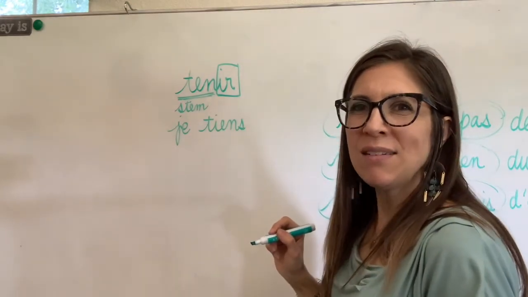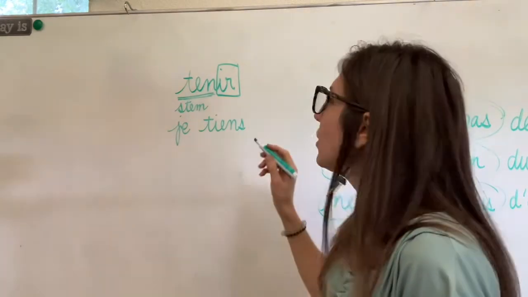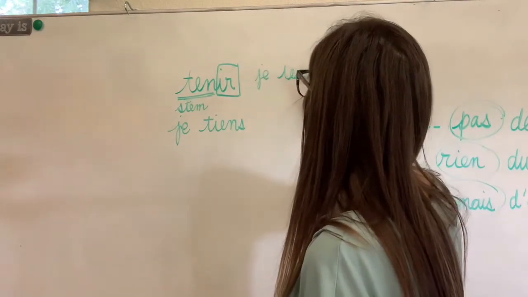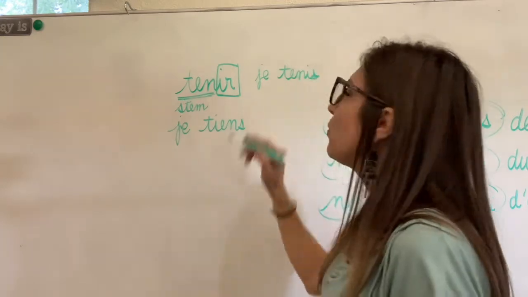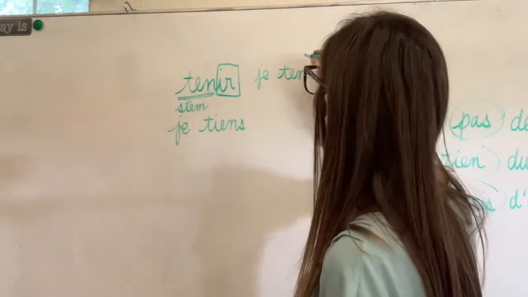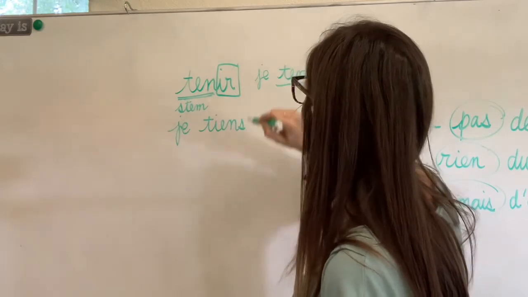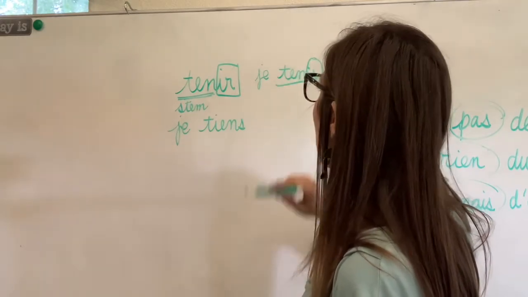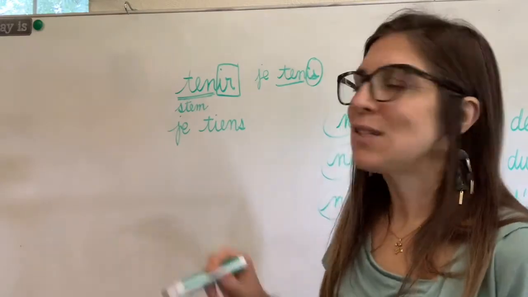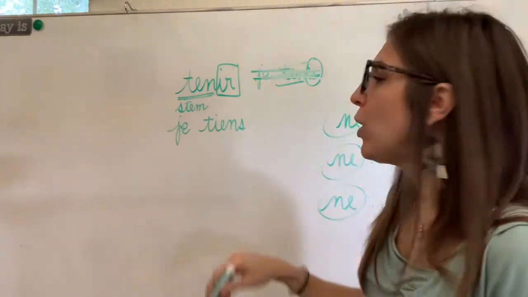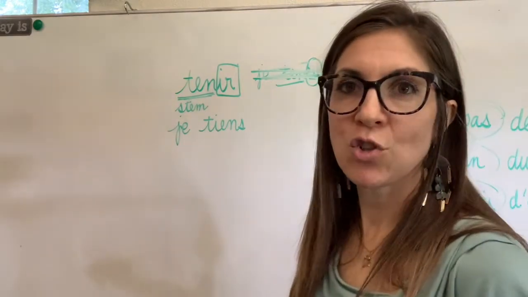Je tenis, that's not correct. You cannot write je tenis, although if it was a regular verb, that's what it would be, because we would take out the ending, and this is the stem, and it would be IS. But that is wrong. We want je tiens.